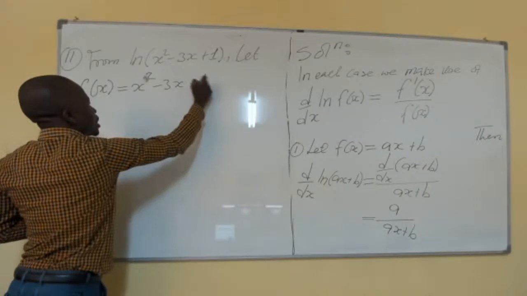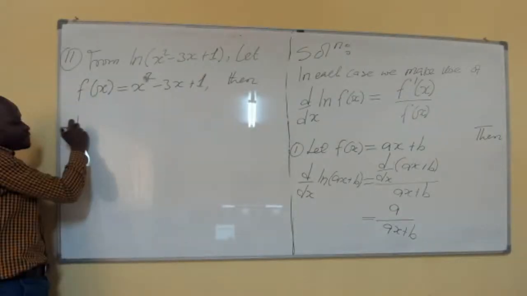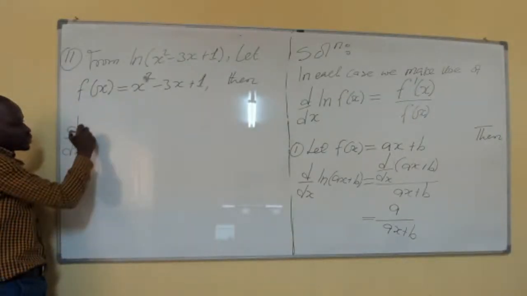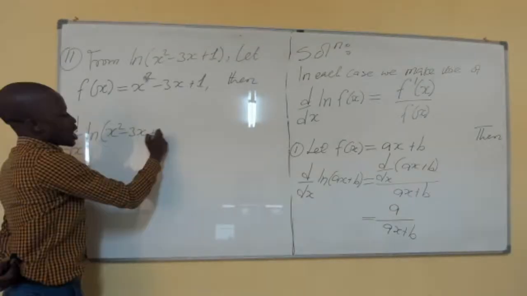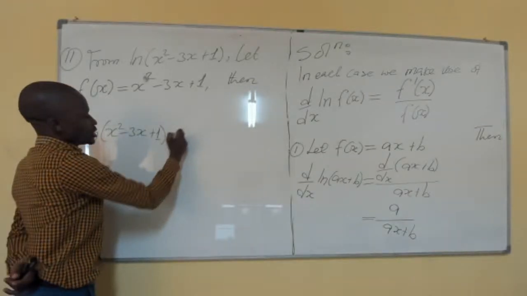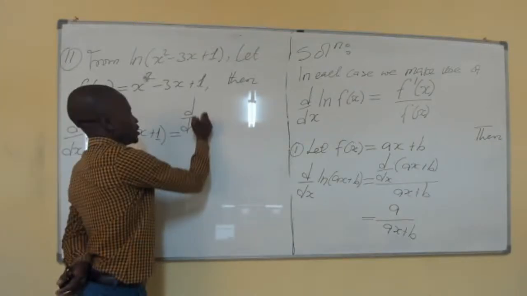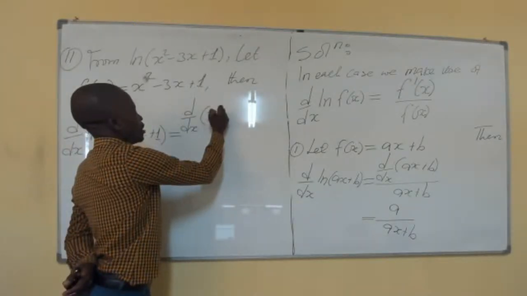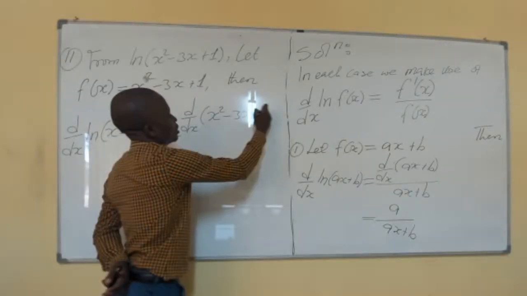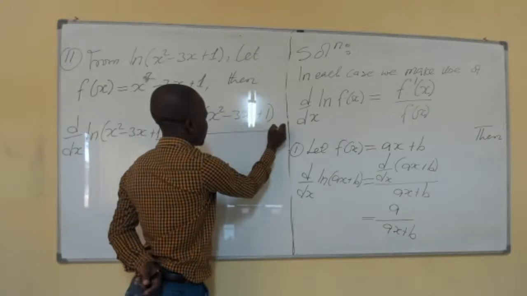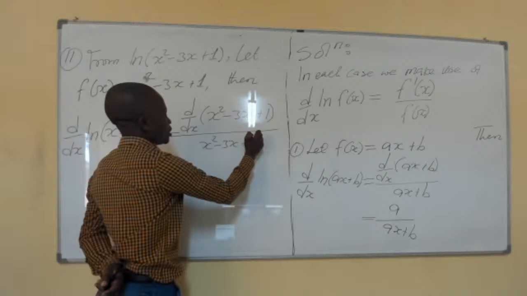Then the derivative with respect to x of the ln of x squared minus 3x plus 1 is equal to the derivative with respect to x of x squared minus 3x plus 1, everything divided by the function itself, which is x squared minus 3x plus 1.